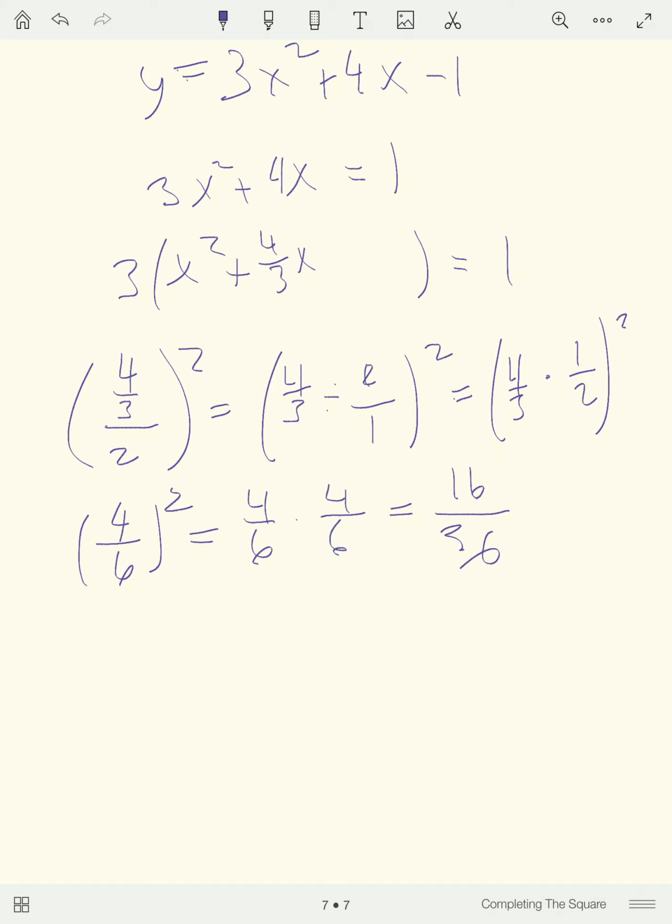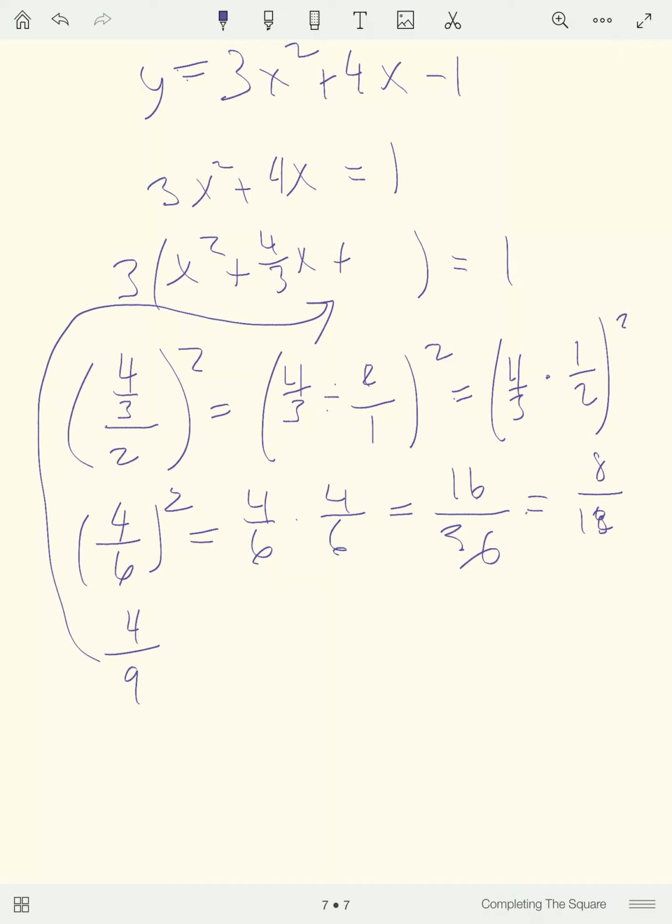Both of those are at least divisible by 2, which will give us 8 over 18, which simplifies to 4 over 9. All right, so that is going to come all the way back up to here.